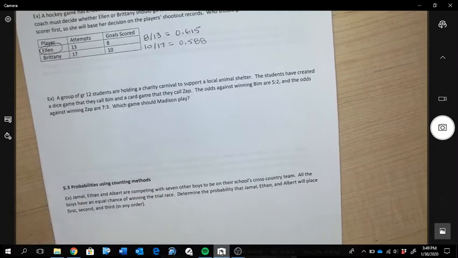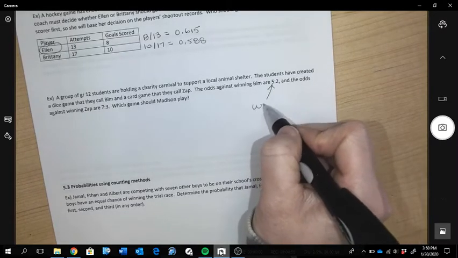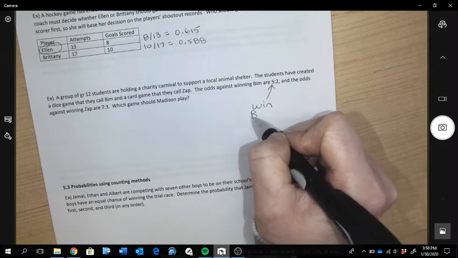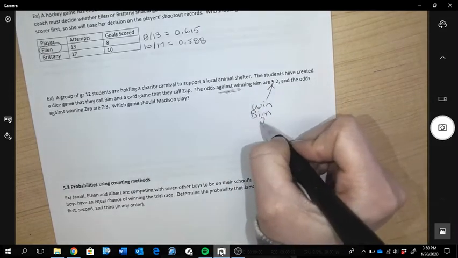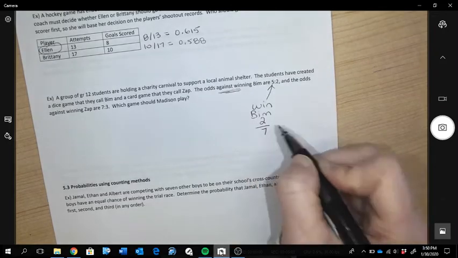A group of 12 students are holding a charity carnival to support a local animal shelter. The students have created a dice game that they call BIM and a card game they call Zap. The odds against winning BIM are 5 to 2, and the odds against winning Zap are 7 to 3. Which game should she play? Okay, so to win BIM, this is against, so she'd have 2 chances out of 7.